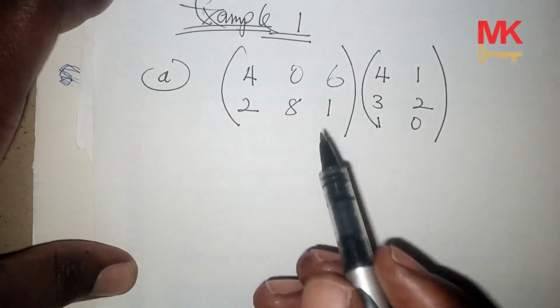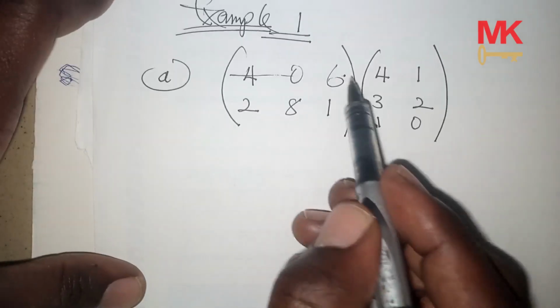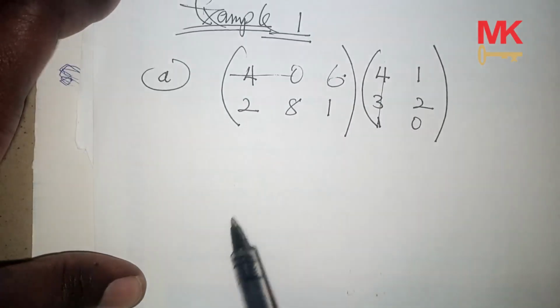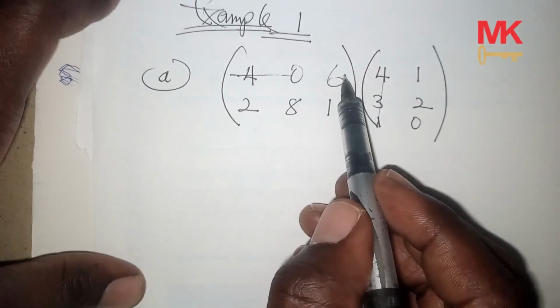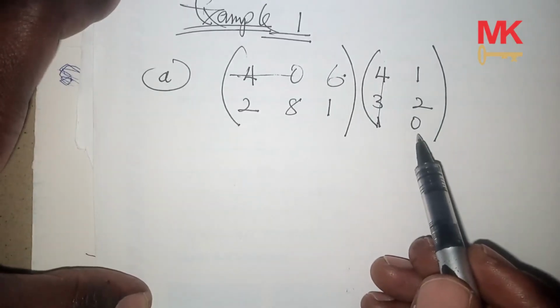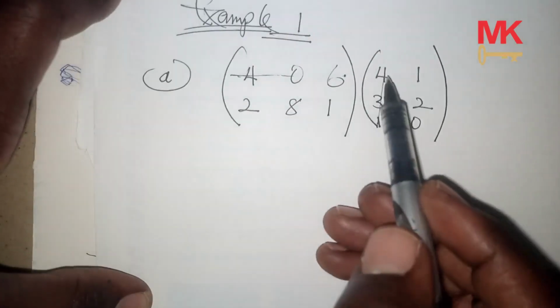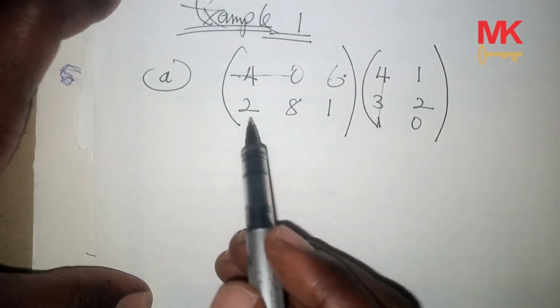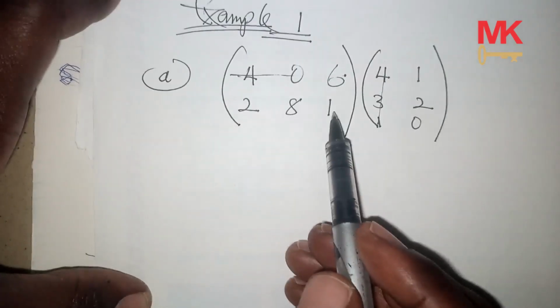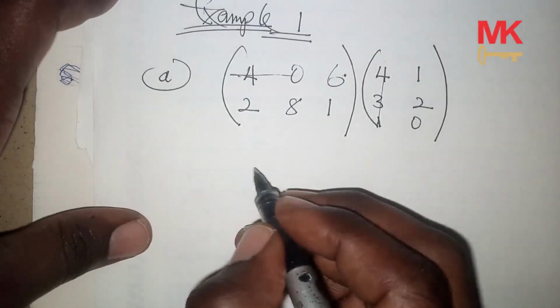Now to multiply matrices, the first row you see here multiplies everything here, and this same first row again multiplies everything here. We're done with the first multiplication, and secondly, the second row multiplies this again, and that second row multiplies the next column. So let's do that now and see.